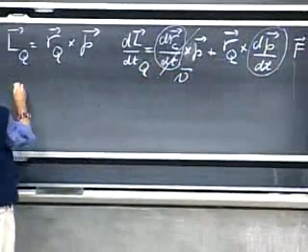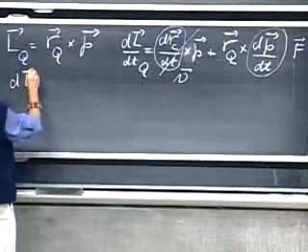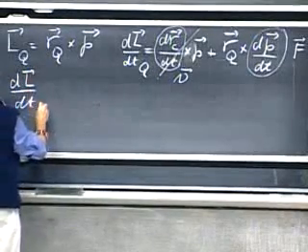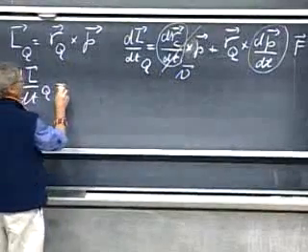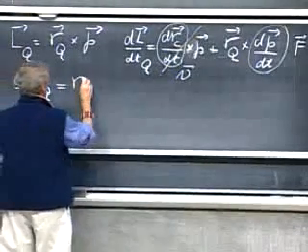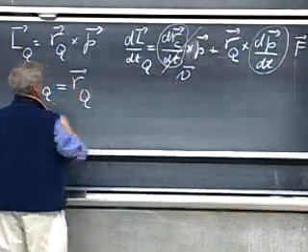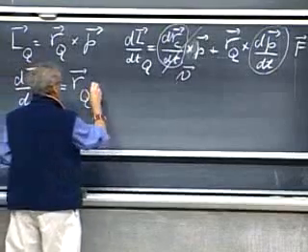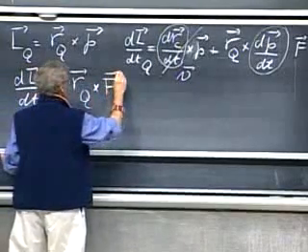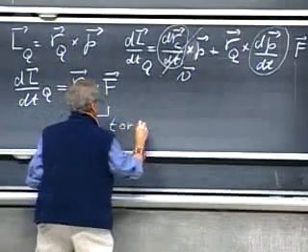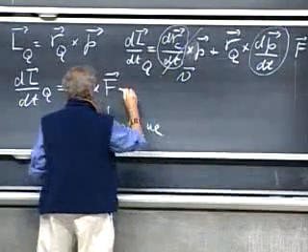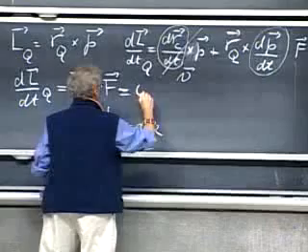And so now we have that dL/dt relative to a point Q equals the position vector r from that point cross F. And this now is what we call torque. And we write for that the symbol tau.